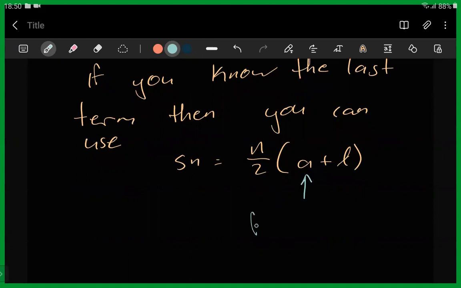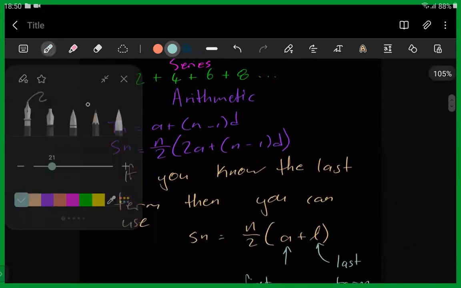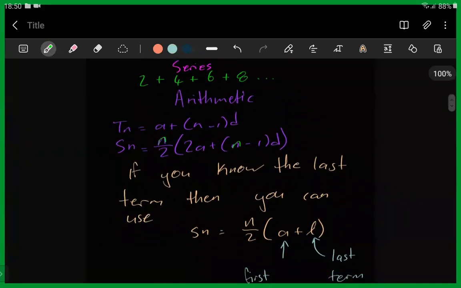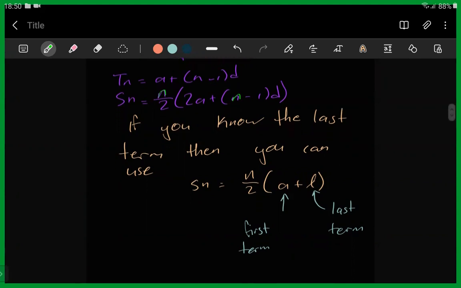In the other version, n is the number of terms that you're adding up. Two formulas that work for the same thing. One can be used all the time. The other can be used if you know the first and the last term, because sometimes they may not give you certain pieces of information and only one can work at a specific time. So this is for an arithmetic series.